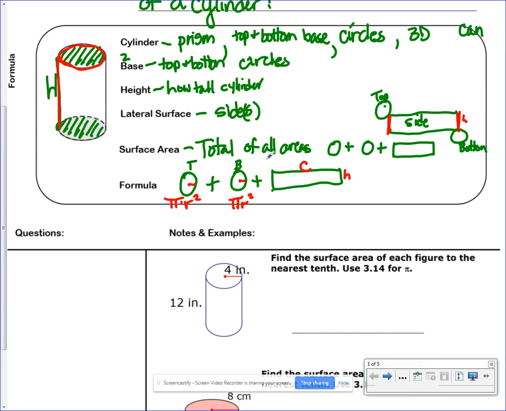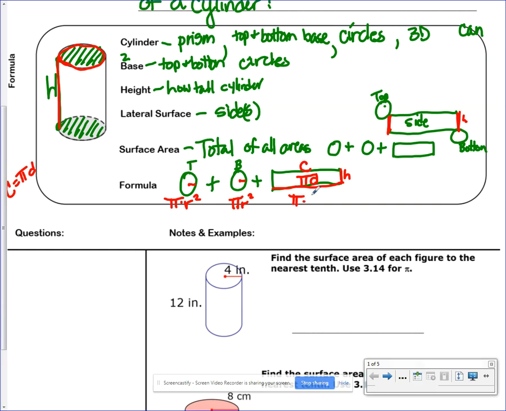Do you remember how to find circumference? Way back in section number 1, the formula says circumference is pi times diameter. So instead of writing C, inside my rectangle I'll say pi times diameter, which is the length of this rectangle, and this is the height.